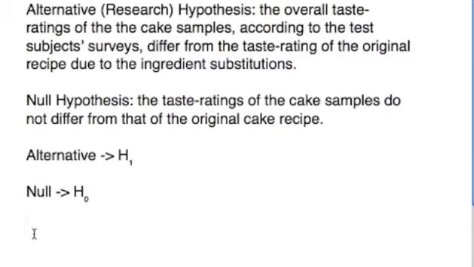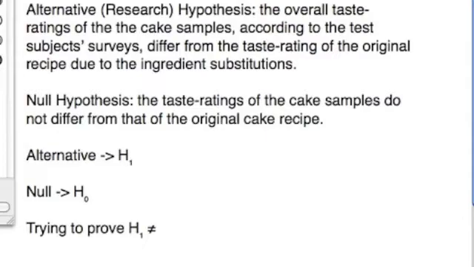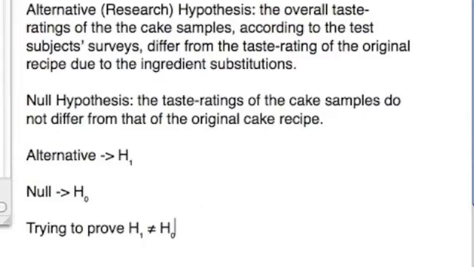Okay, so what our experiment is essentially trying to prove is that H sub 1, oops, H capital, sub 1 does not equal H sub 0. Fantastic.